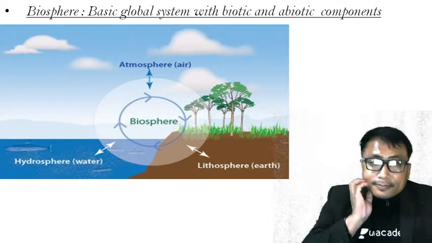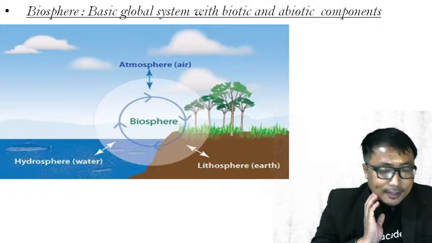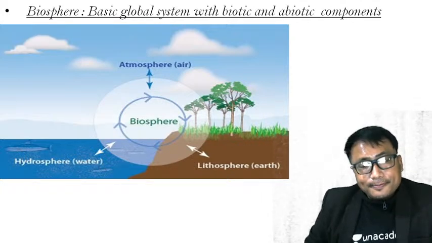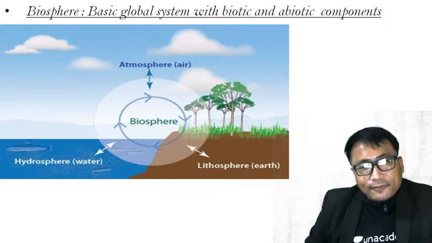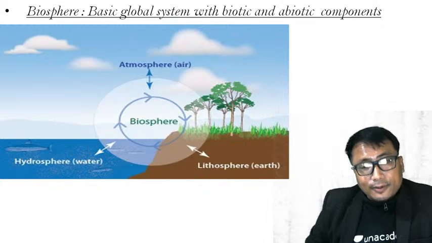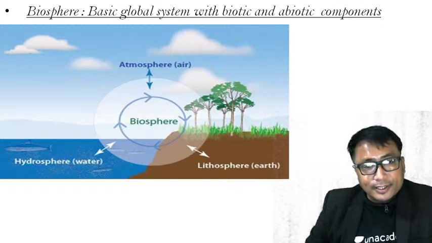Today we are starting a new chapter, that is environmental geography. First, we will try to see some basic understanding of this particular environment which is surrounding us. In order to understand environmental geography, it is very important to understand our own surroundings.